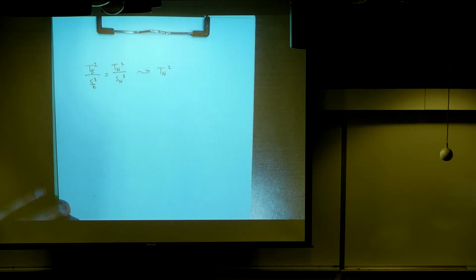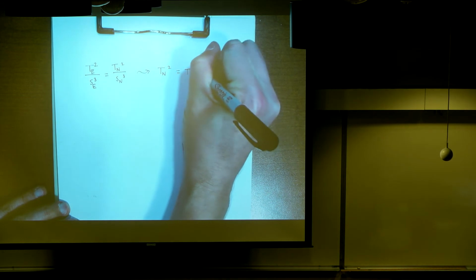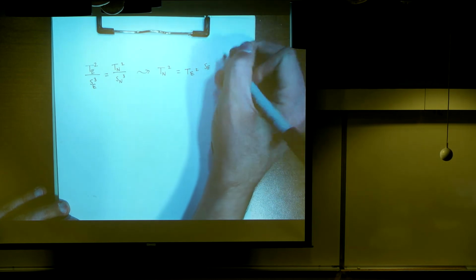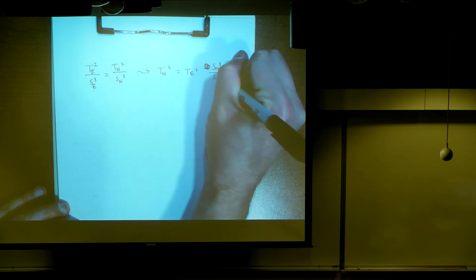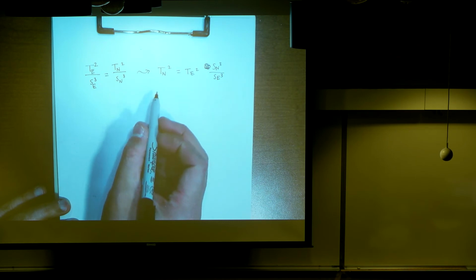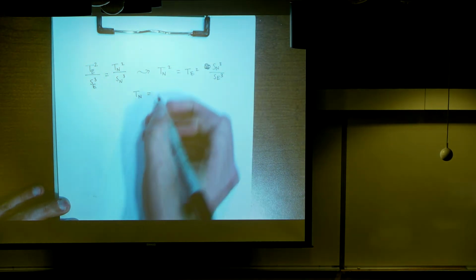Tn squared equals Te squared times Sn cubed divided by Se cubed. Now I'm going to take both sides to the 1/2 power.